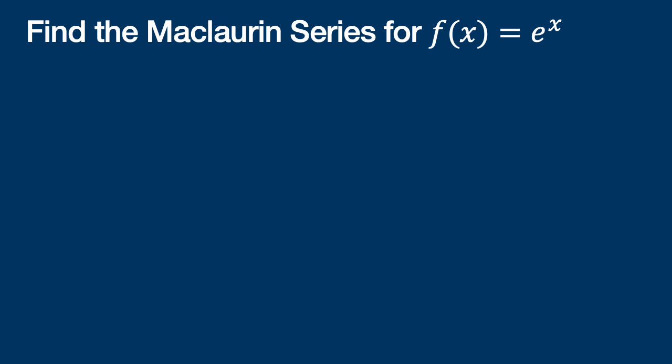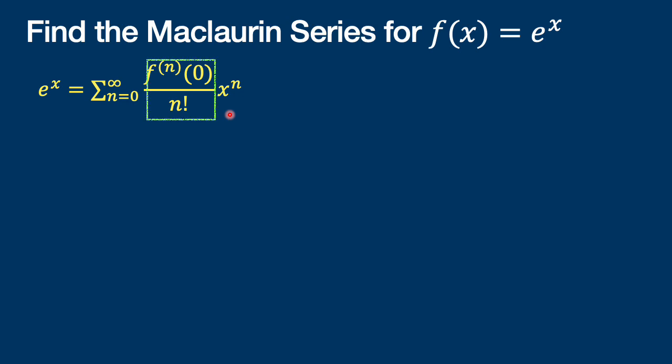Let's find the Maclaurin series for the exponential function. How are we going to find it? e^x is going to be the summation of f^(n) evaluated at the center 0, over n factorial, times x^n.